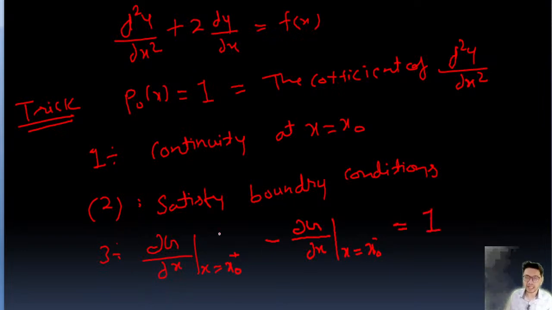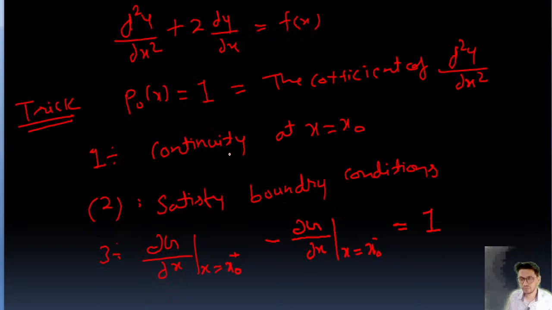Any Green function satisfies these three conditions, and satisfying them is a must. So the coefficient of d2y over dx square must be 1, and then these three conditions.